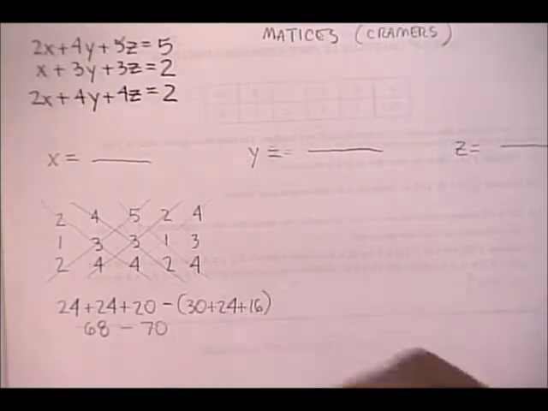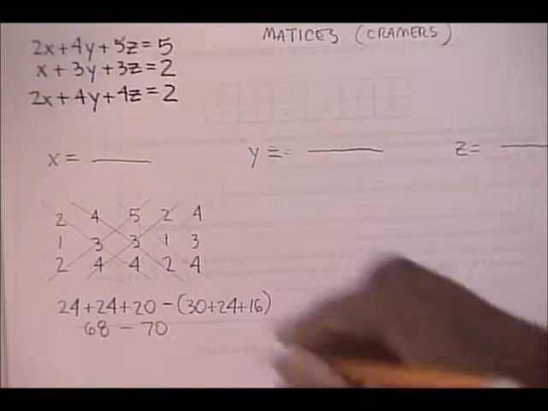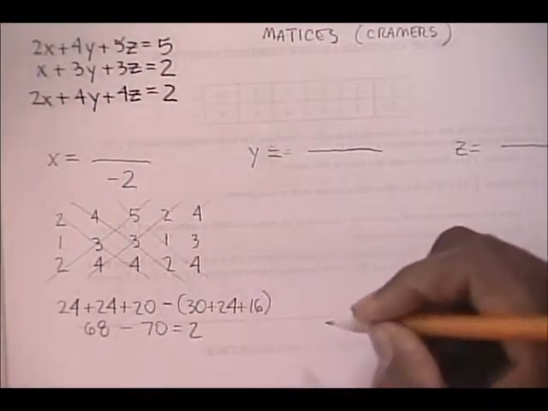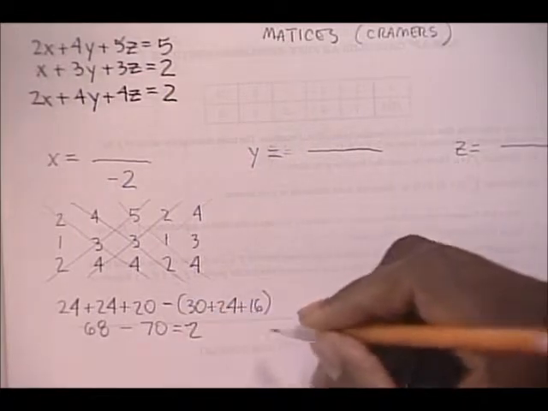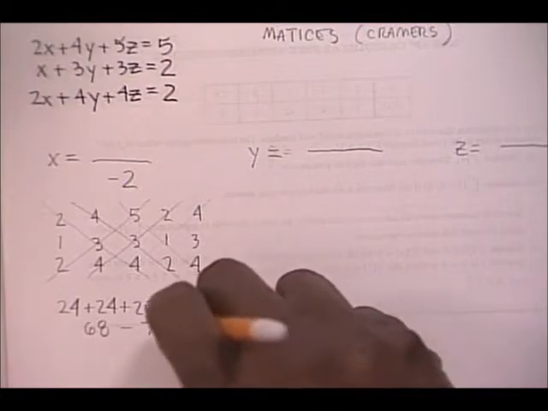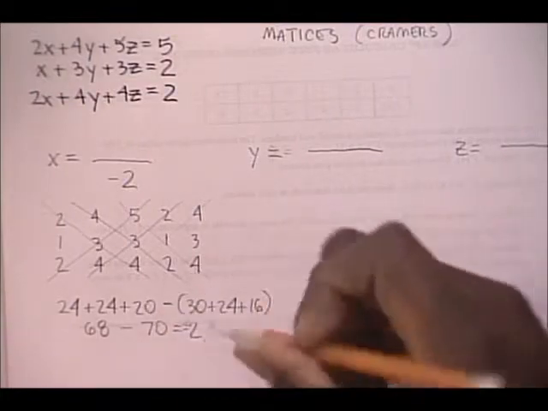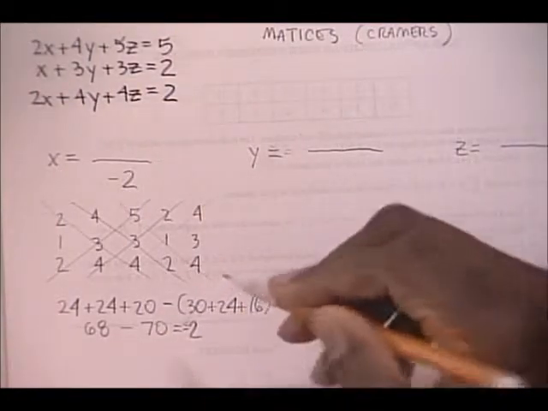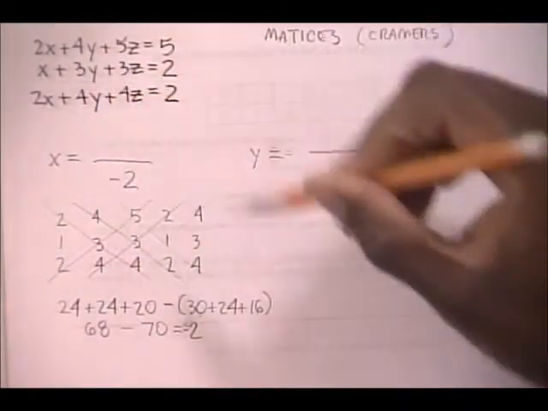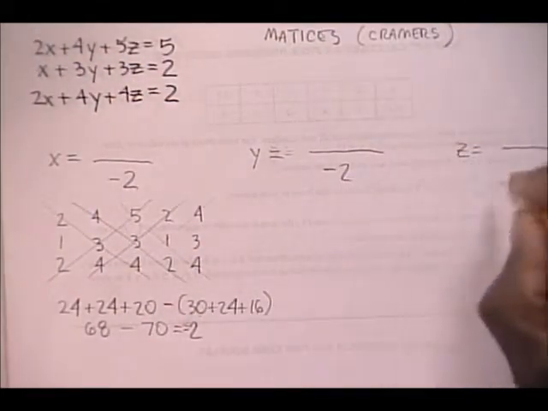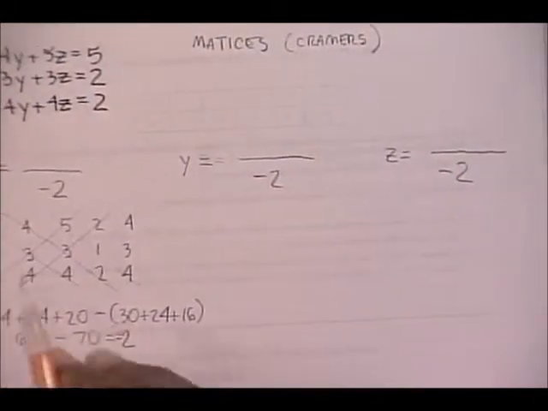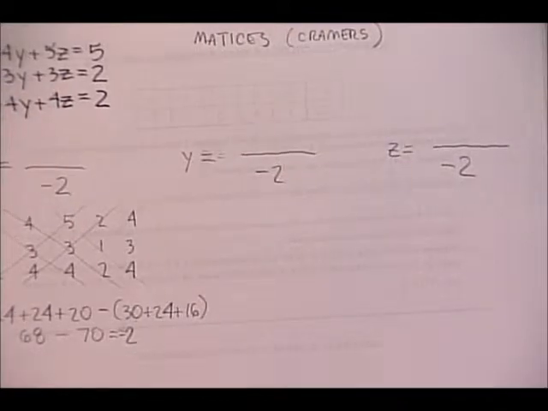So 68 minus 70, you end up with a negative 2. You end up with a determinant of negative 2, and that negative 2 is going to represent the denominator of each of your answers. This first determinant, which came from this part of your problem, represents the denominator of all of your answers. So I put negative 2 here, here, and here.